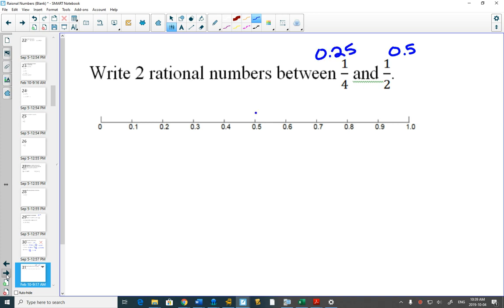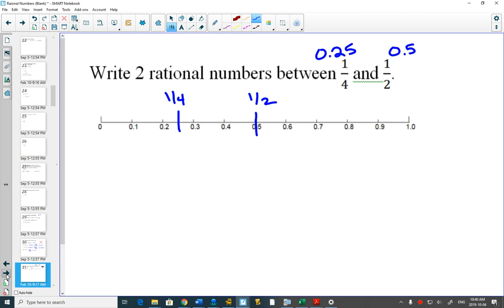And if I label those on my number line, here's 1/2, here's 1/4. And I had my number line between 0 and 1. I had it going by 0.1, 0.2, 0.3, 0.4, 0.5, 0.6, 0.7, 0.8, 0.9.